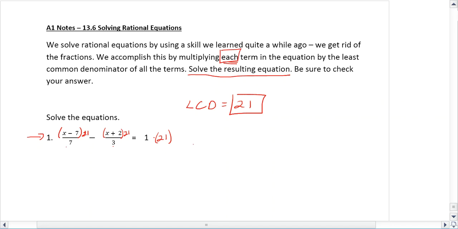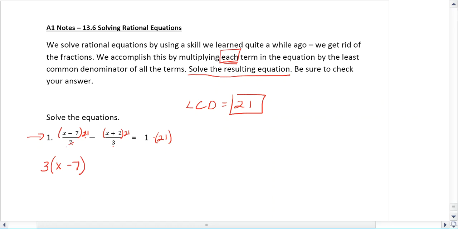Now, the second step is what we called do the math. You are free, if you want to, to distribute the 21 and then divide by 7. I'm a little bit lazy, and I want to do this dividing first, but it is your choice. I am choosing to divide 21 by 7, and I get 3. I'm going to do this one step at a time just to show you.